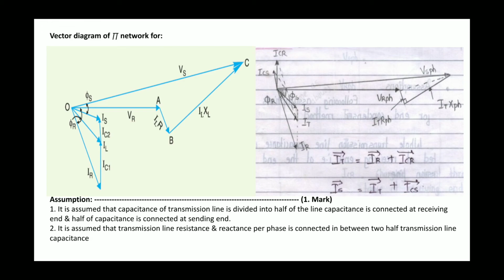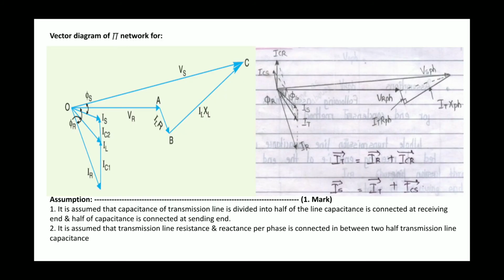The resistive drop is the drop which occurs in the resistance, which is VR means the drop in this resistor, which is equal to IT into RPH.